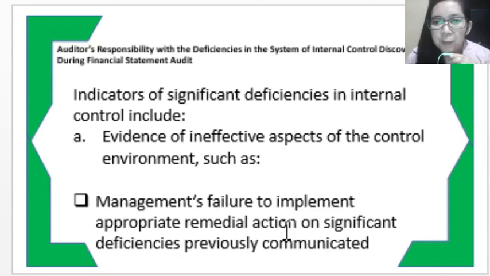Okay. Another is management's failure to implement appropriate remedial action on the significant deficiency that was previously communicated. So meaning even before, there were already significant deficiencies reported by the predecessor auditor, but these deficiencies were not acted upon.